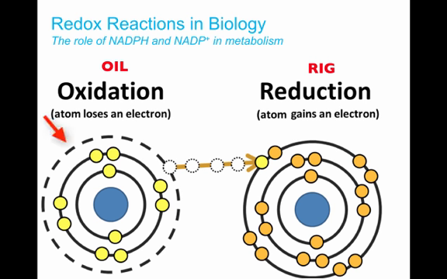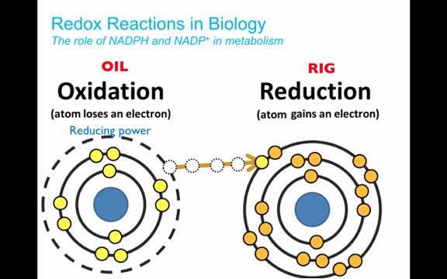So when our first atom here loses its electron, in other words, when it is oxidized or undergoes oxidation, something else has to be reduced because that electron has to go somewhere. What we can say then is that atoms that undergo oxidation have reducing power. They can cause something else to undergo reduction by gaining the electron they've lost.